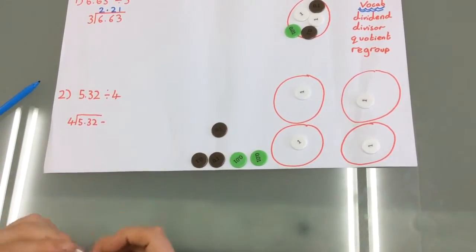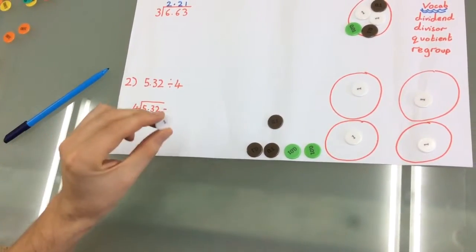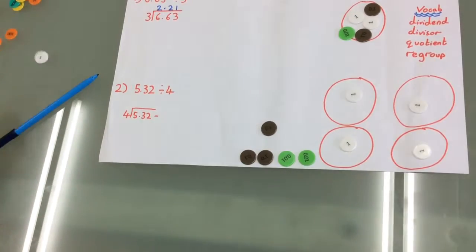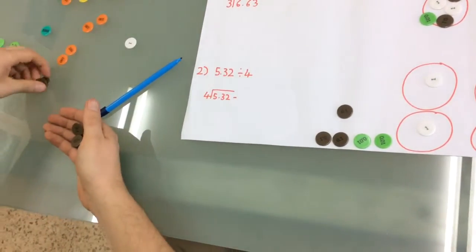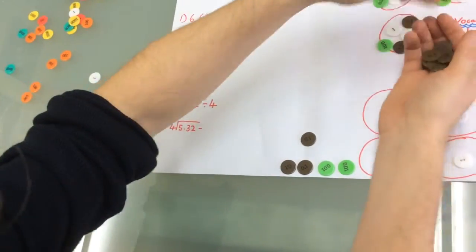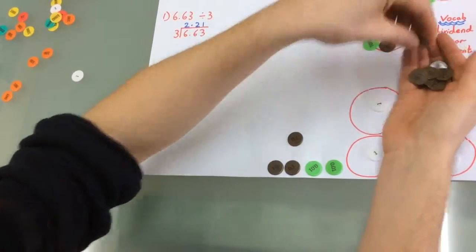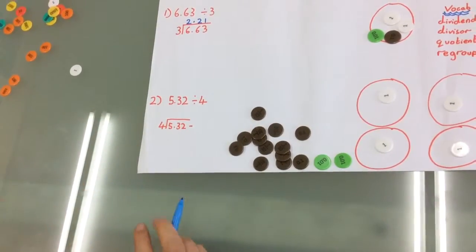I can't divide that equally, so I have to regroup this for 10 tenths. 1, 2, 4, 6, 7, 8, 9, 10. So there's my 10. And so now I have 10 and 3, so I have that 13.